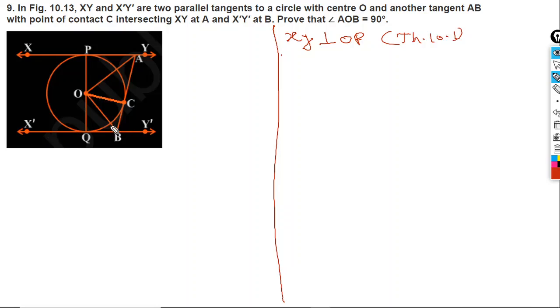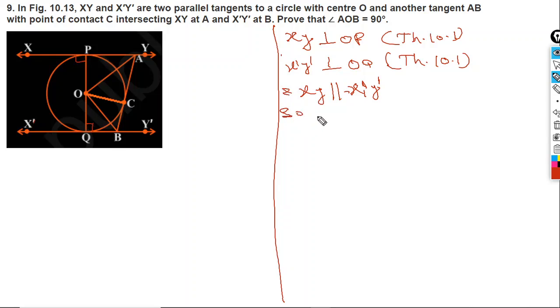Similarly, X'Y' is perpendicular to OQ, by the same theorem 10.1, and XY is parallel to X'Y'. So therefore we can say POQ is a line, isn't it? Here you can see this angle is 90 degrees, this angle is 90 degrees, and XY is parallel to X'Y'. So we can say POQ is a line and that is the transversal.